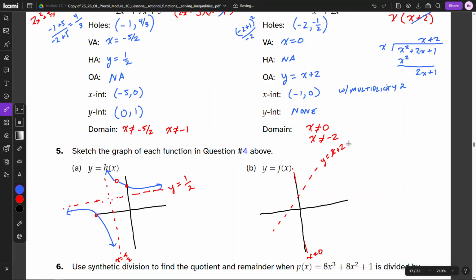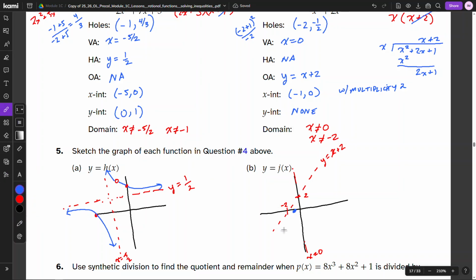For this one over here, we don't have a y-intercept, so I know I'm not going to cross the y-axis. My x-intercept happens to be at negative 1, 0, and it has a multiplicity of 2. If this is x plus 2, I know my x-intercept is going to be about right there, because I know that's 2 right there, and that's negative 2 right there.